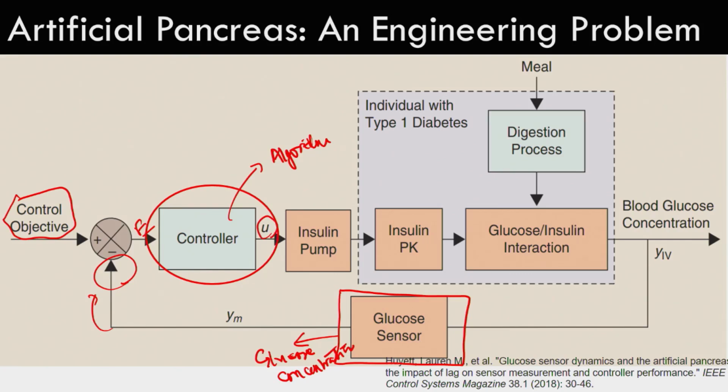And this is how you can model an individual with type 1 diabetes. There are many different in silico models of type 1 diabetes. The UVA Padova model is a very popular in silico model. It was developed by the University of Virginia and Padova University in Italy, and this model is FDA approved.